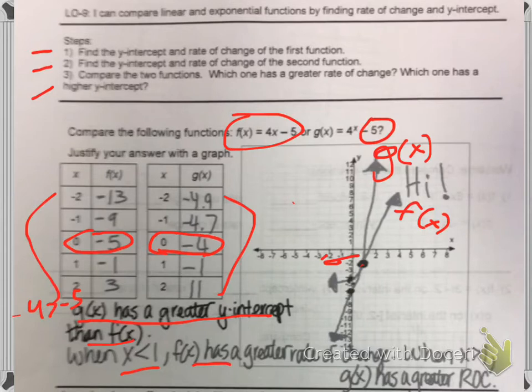We notice that our rate of change, going up by 1, 2, 3, 4 over 1. And the rate of change here looks like it's not even. So we notice that f of x less than 1 has a rate of change of 4 over 1. And you know it's going to have a rate of change of 4 over 1 because it's linear.